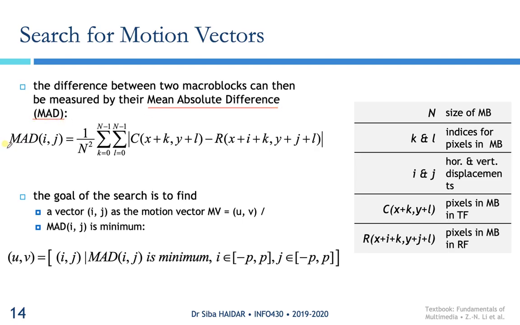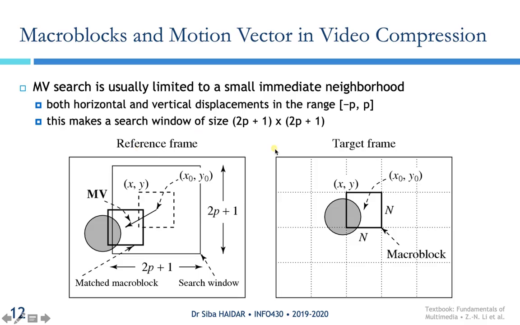The mean absolute difference is a simple double summation of the difference between the current and the reference corresponding pixels, on both dimensions, and normalized to the size of the macro block. So it is, for example, the first one minus the second, the corresponding pixel.